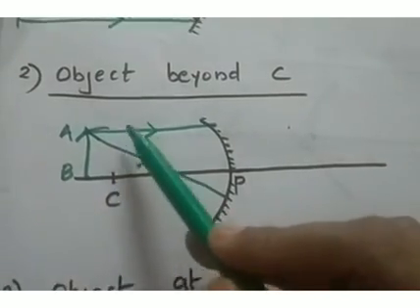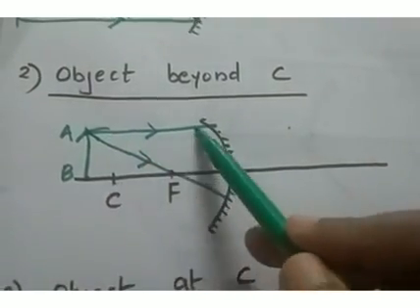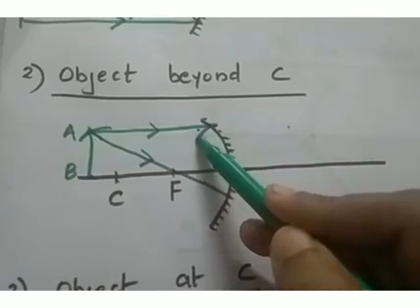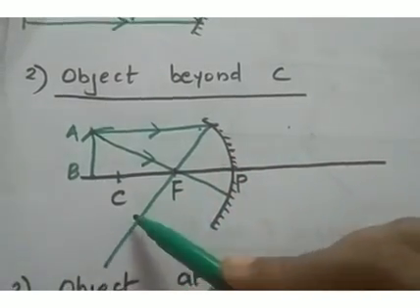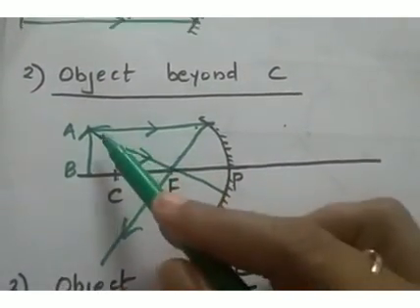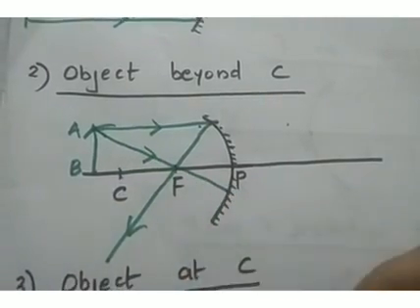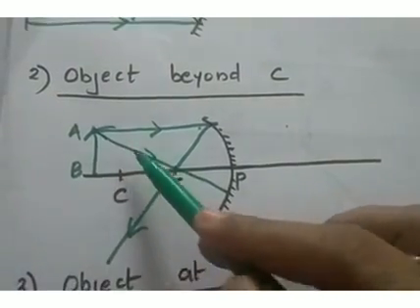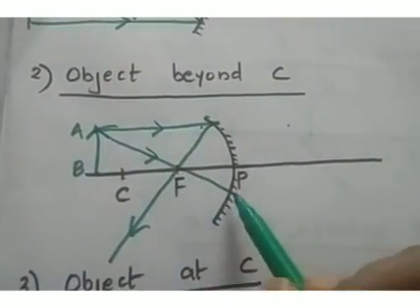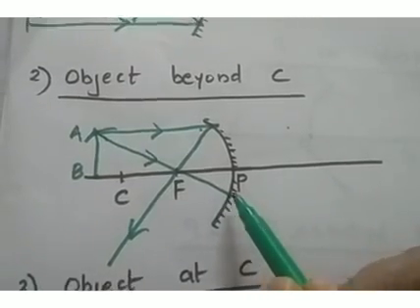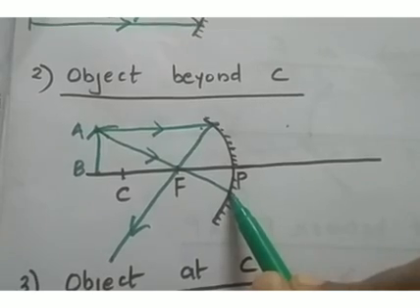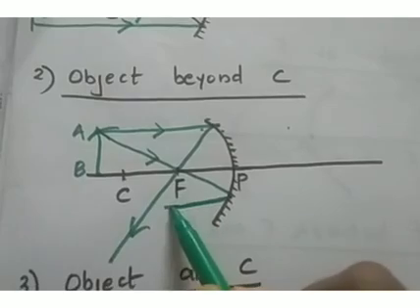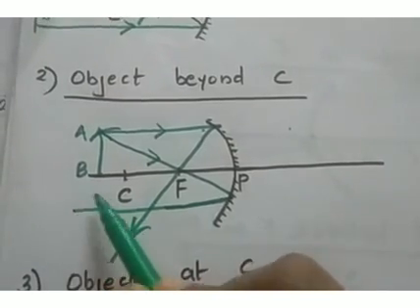Now, you can easily trace the path. See, this is a parallel ray, and this parallel ray, after reflection, will pass through focus. Okay, and this ray passing through focus, what will be the path of the reflected ray? Second rule: a ray passing through the focus, after reflection, will pass parallel to the principal axis. So this will pass parallel to the principal axis, isn't it?